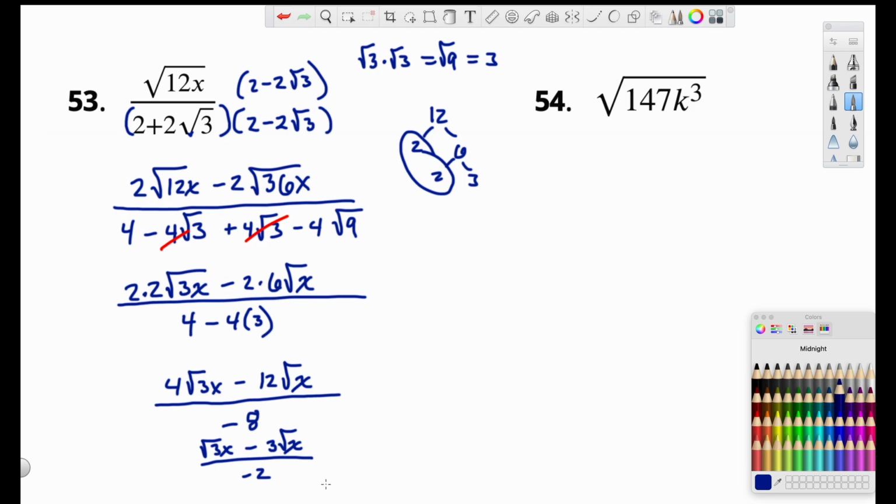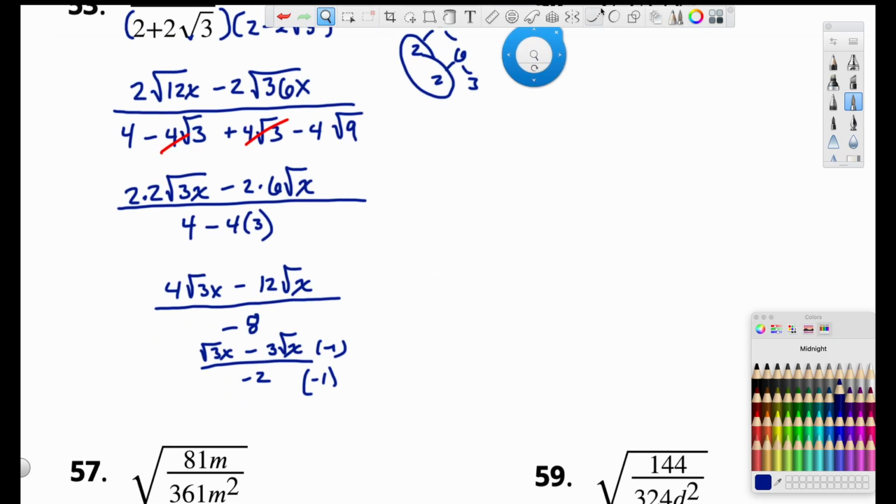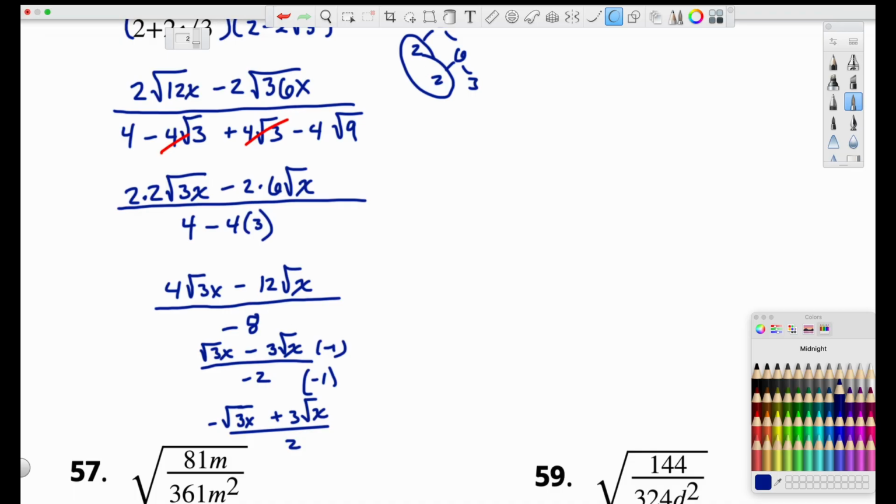And then if I multiply top and bottom by a negative 1 to get rid of this negative 2 here, that will give me negative root 3x plus 3 root x divided by 2. I can also switch the order of this numerator, but that's fine the way we got it.